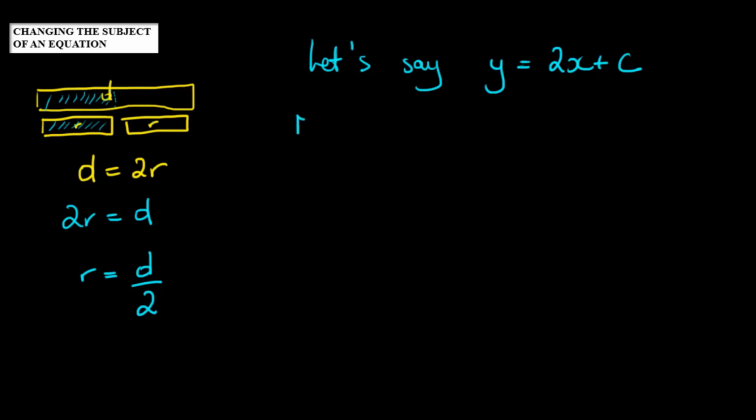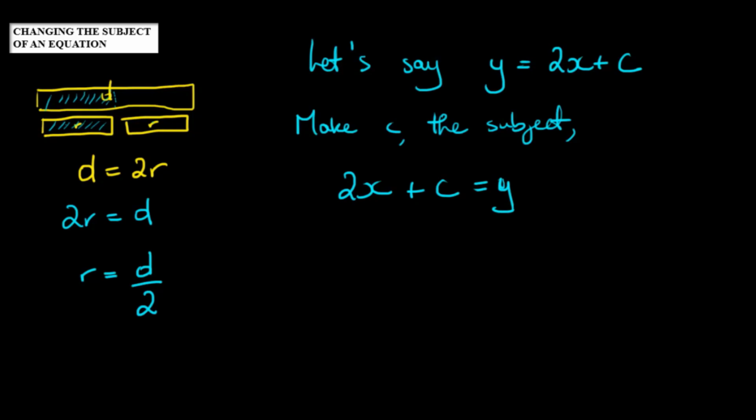If I wanted to make c the subject, okay, then the whole idea is to get c by itself on one side of the equal sign. So I'm going to write it like this, just to make it a little clearer as we work. Put it on the left hand side. You can follow it more logically from there.